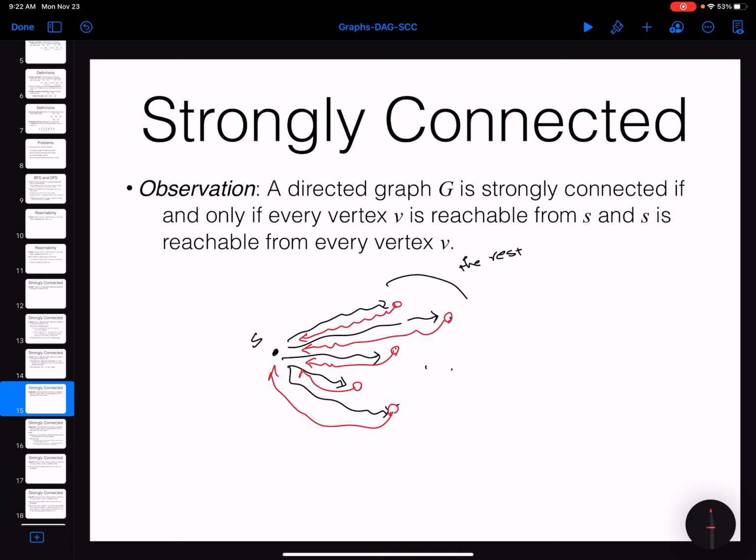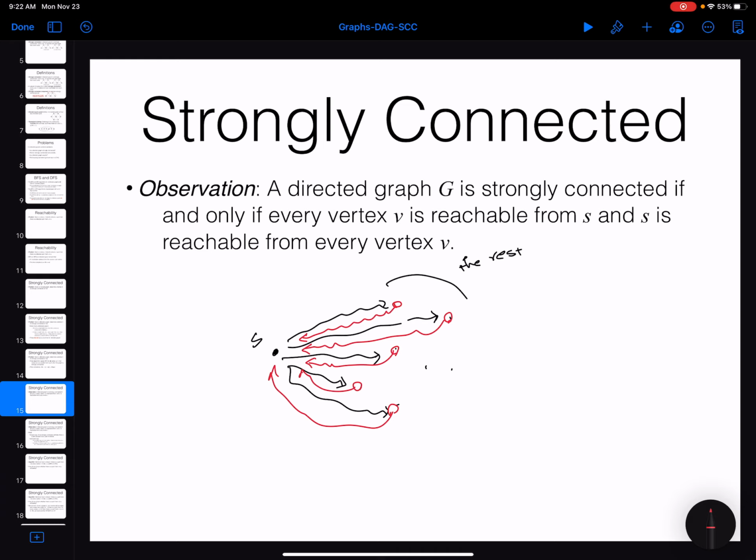I can pick one node, and if I can find a path from this node to every node in the graph, and a path from all those nodes going back to S, that's enough to prove that the graph is strongly connected.